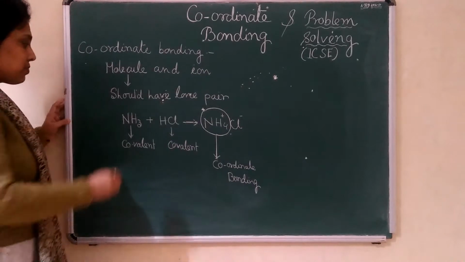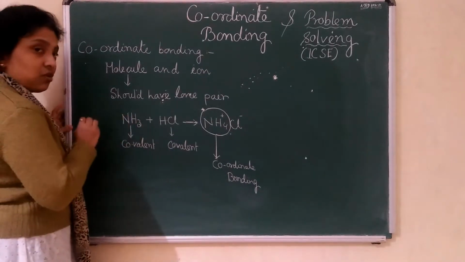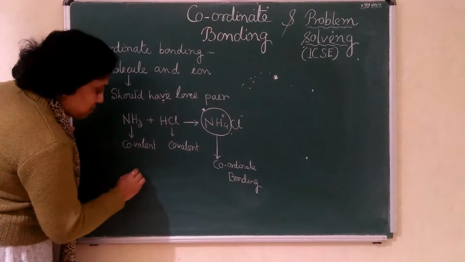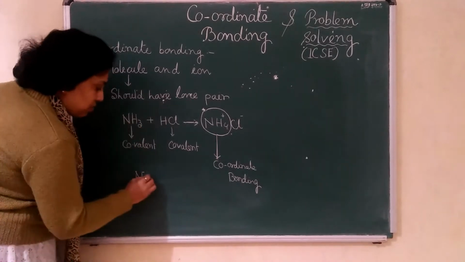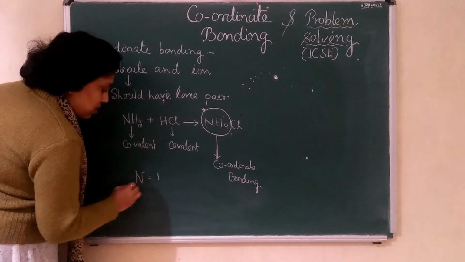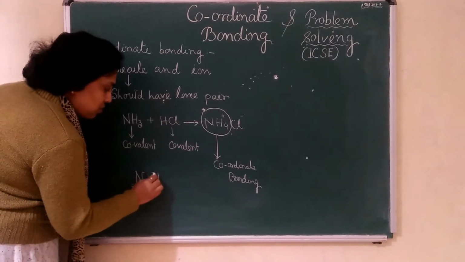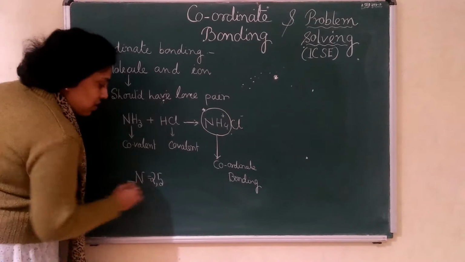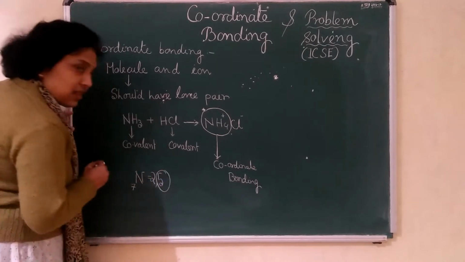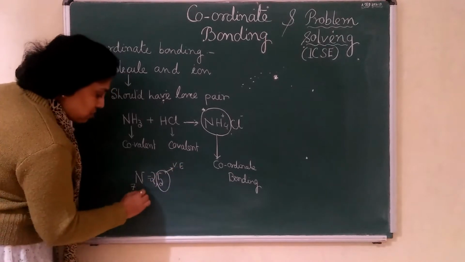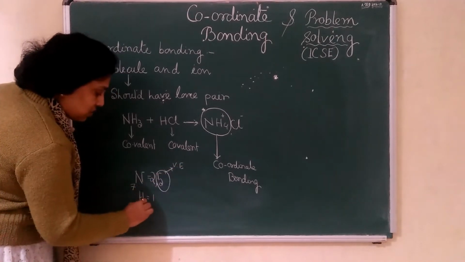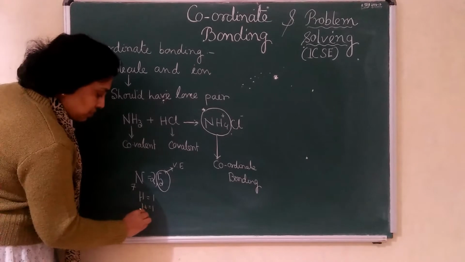Now see here, when you draw ammonia's covalent bonding, nitrogen has 7 protons, so it is 2, 5. So 5 is called the valence electrons, and hydrogen has 1 electron each.